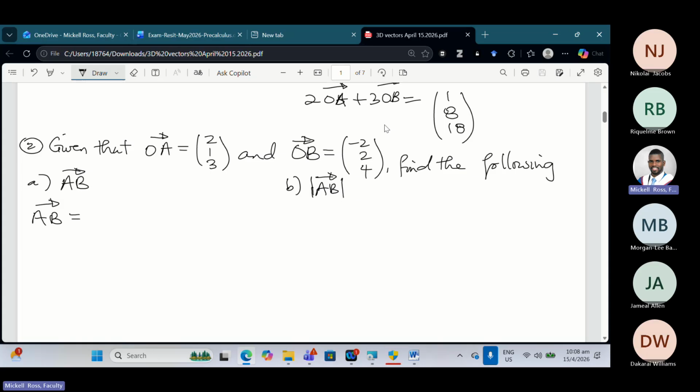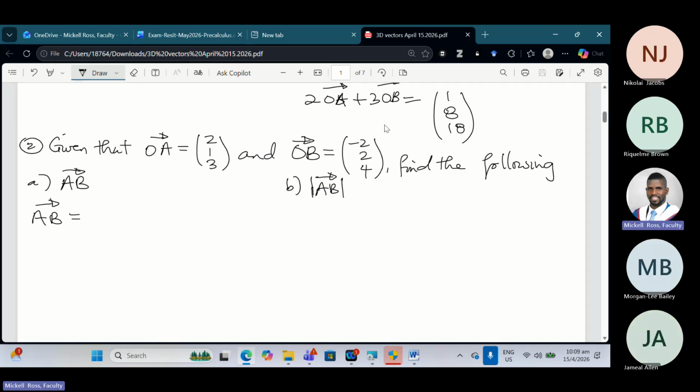All right, look at OA and OB. What about them do you see that is similar? They both have three elements or 3 points. All right, so do we recognize that both of them are position vectors?